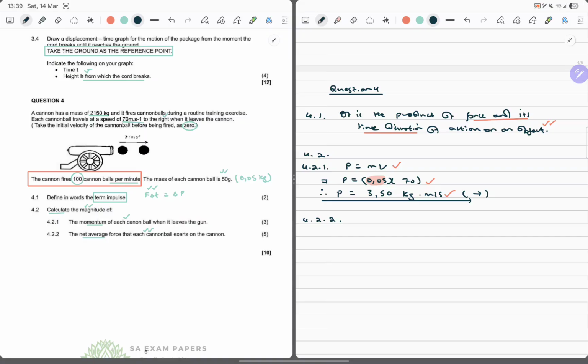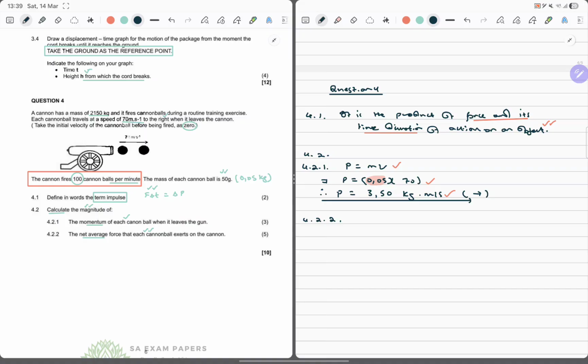So we have to think about how we will find the time. Tell me, comrades. You can see it's 5 marks, this thing. And it's not 5 marks because it's difficult. It is what it is. So what are we gonna do?